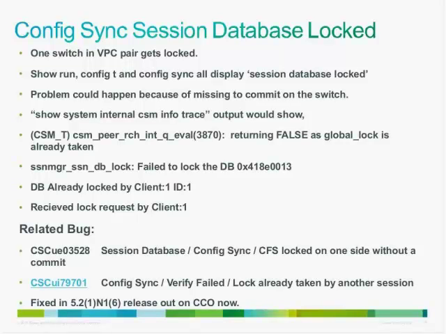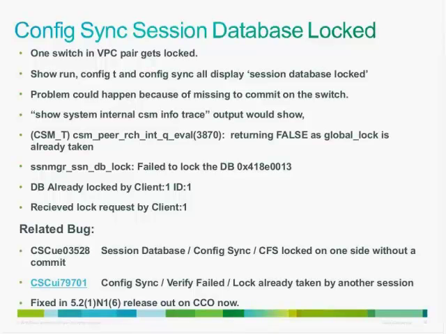sequence of events you execute in config sync, obviously, it might actually have a database lock situation, right? Where you cannot do much. There is a way to clear the lock, and even that does not clear the lock. So the lock is requested by the client, and there is no way to clear it.